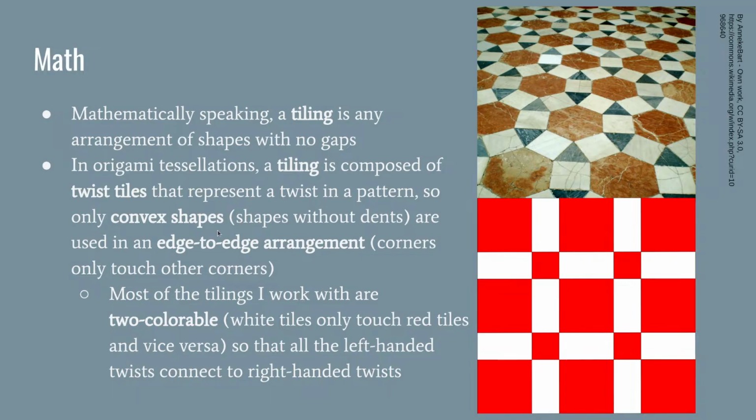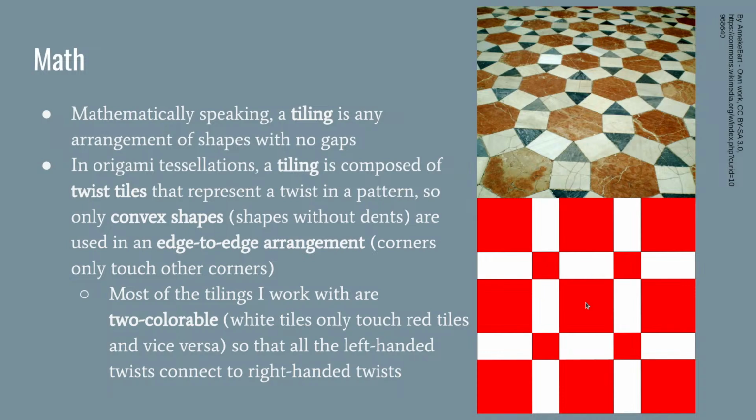So we want shapes that are convex, and that's a math term that means there's no dents. Because if you try to fold a twist with a dent in the side, like let's say I had this shape where I take a bite out of the square.